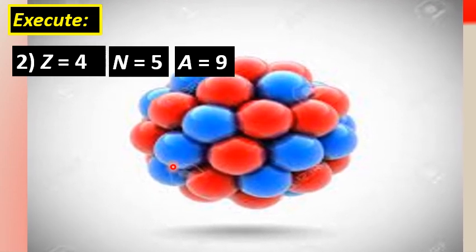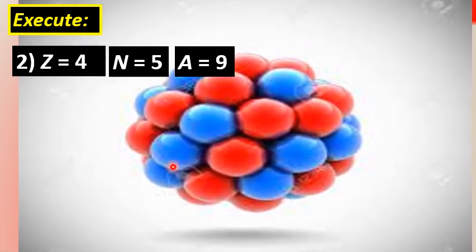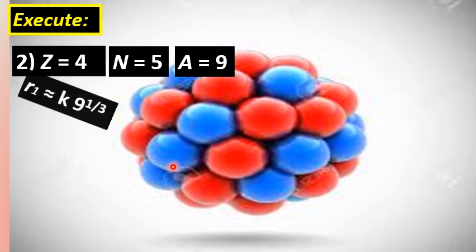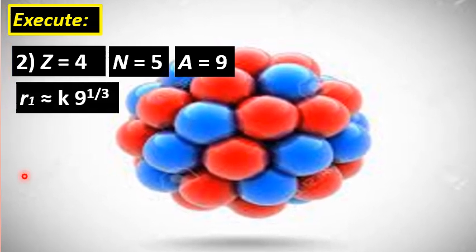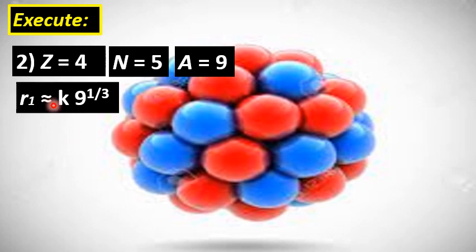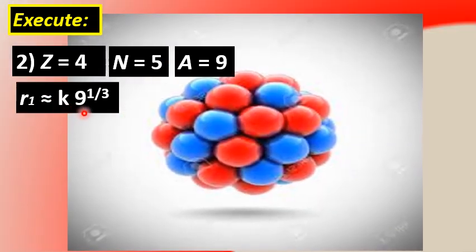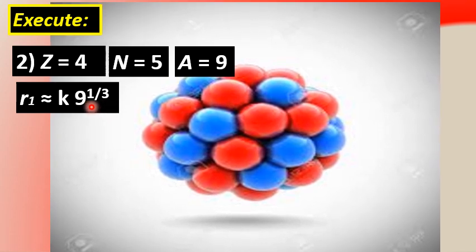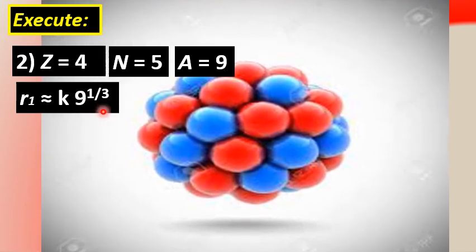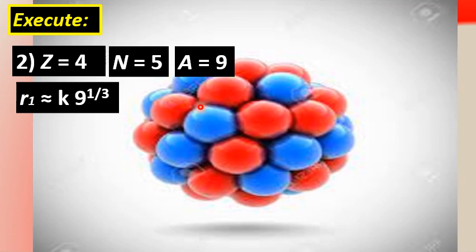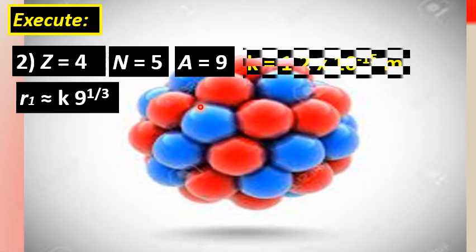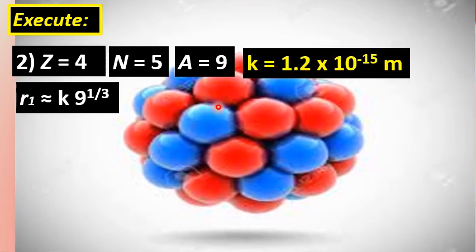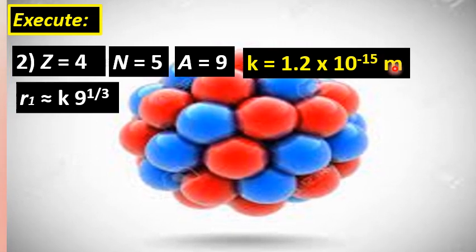The nuclear radius of this isotope, denoted here by R1, is nearly equal to a constant K multiplied by the cube root of its mass number, or the cube root of 9, where the value of K is equal to 1.2 times 10 to the negative 15 meters.